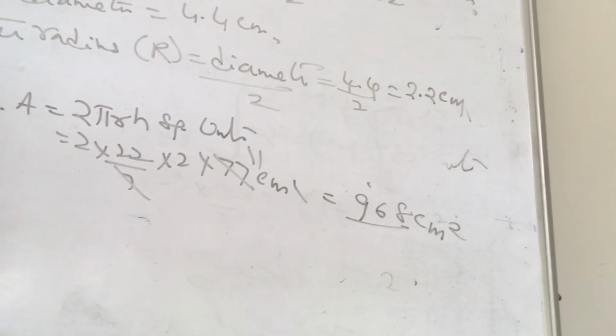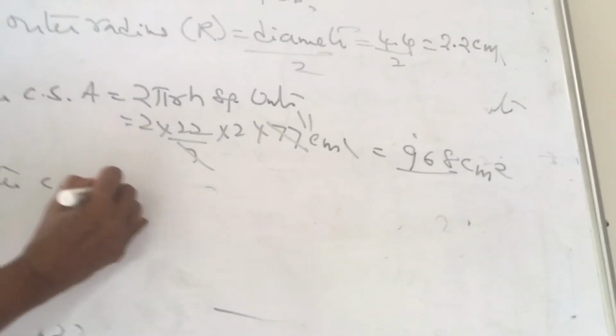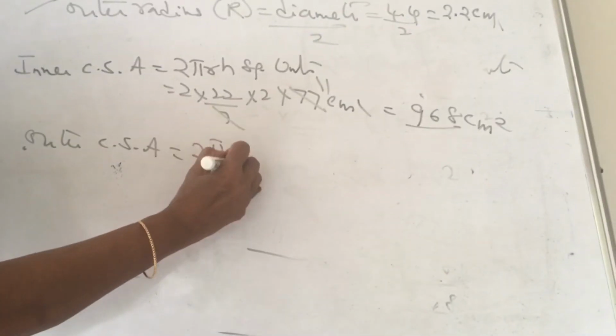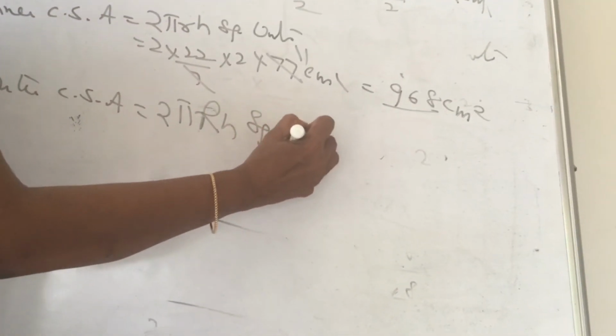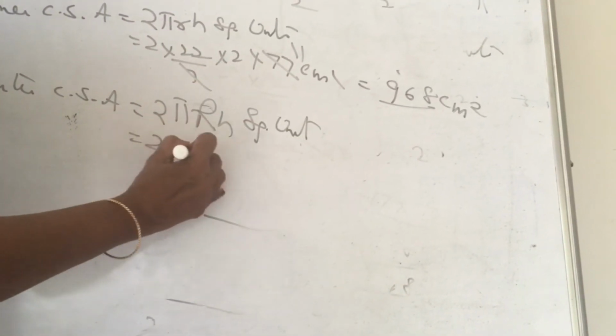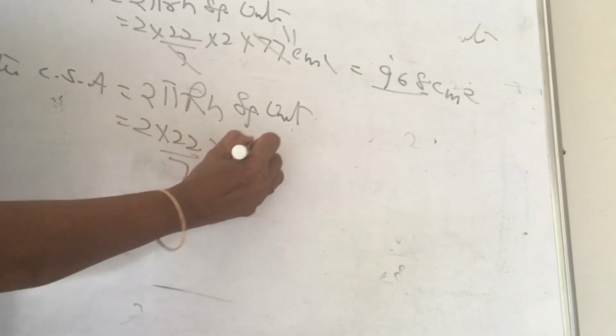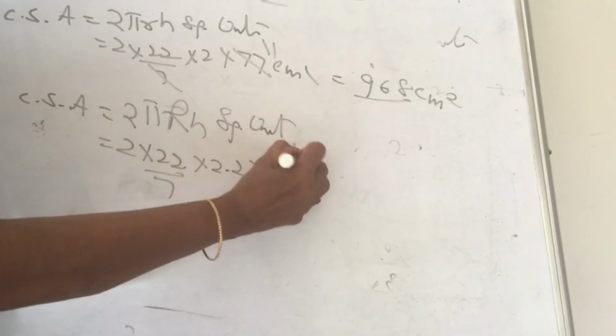Outer CSA. Outer CSA is what, children? 2 pi capital R H square units. 2 into 22 by 7 into 2.2 into 77.